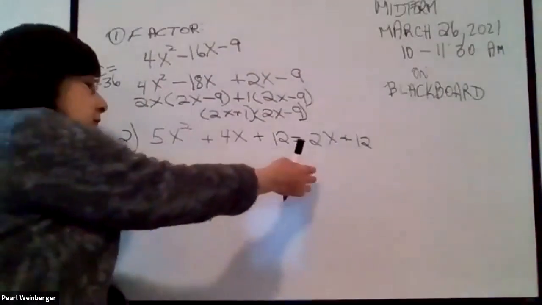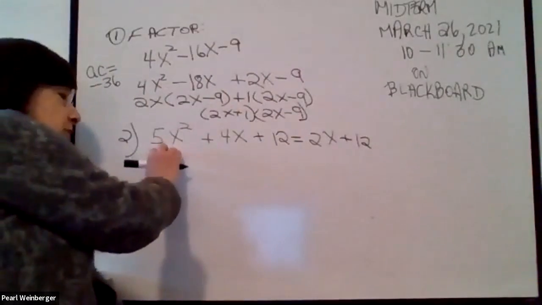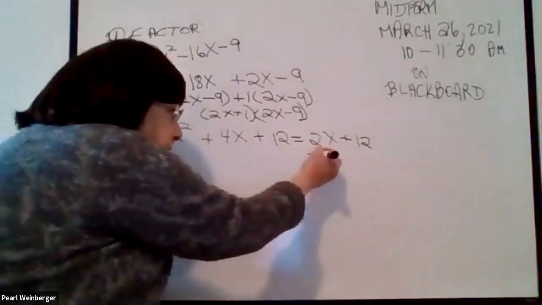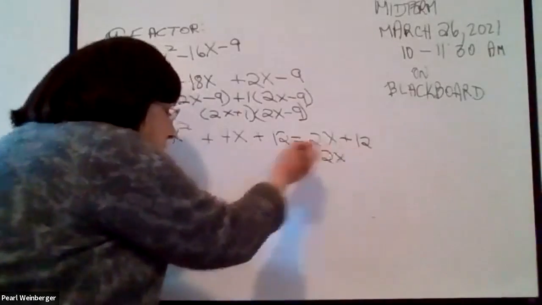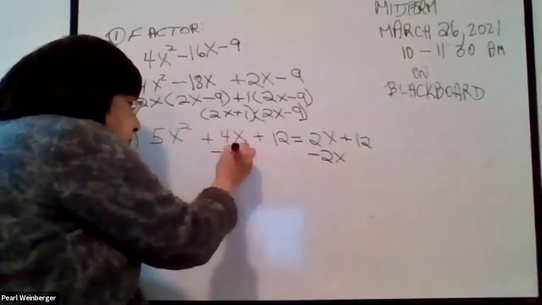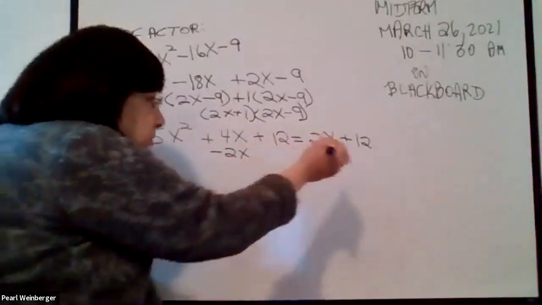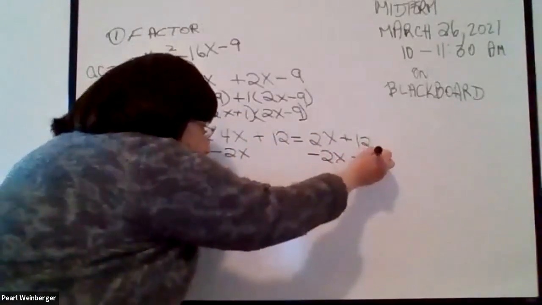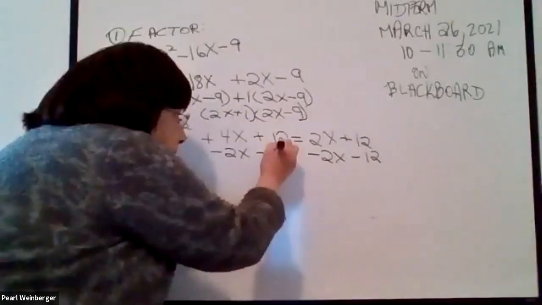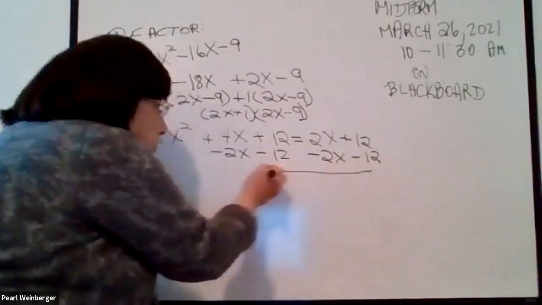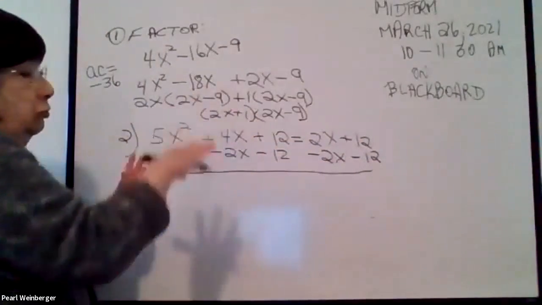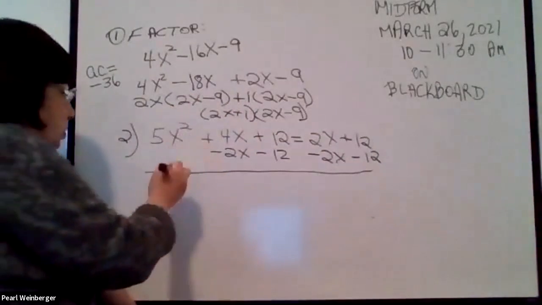Okay, so we're going to bring everything to this side because here my x squared is positive. So I'm going to subtract the 2x, putting it under the 4x with the like terms. And I'm going to subtract the 12. Or you could just use transposition.